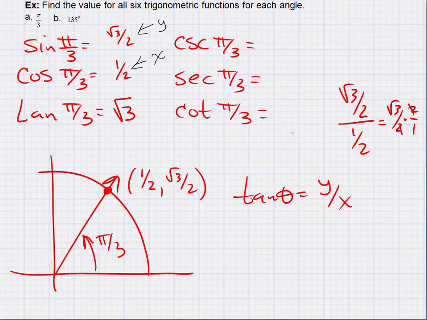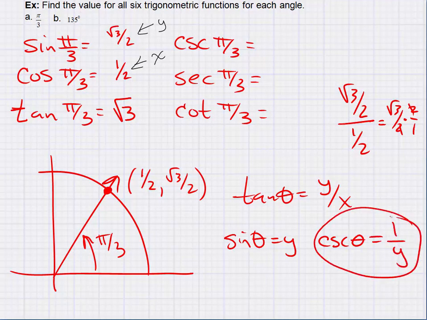Alright, now I can do the same thing for these. There's a reason why I list cosecant across from sine, secant across from cosine, and cotangent across from tangent. Because if sine of theta equals y, cosecant of theta equals 1 over y. So the cosecant is the reciprocal of the sine.